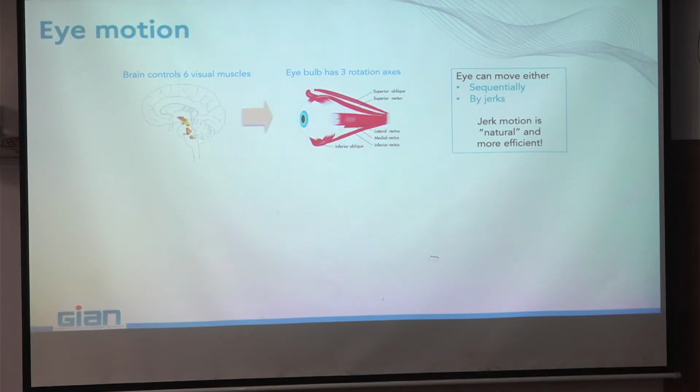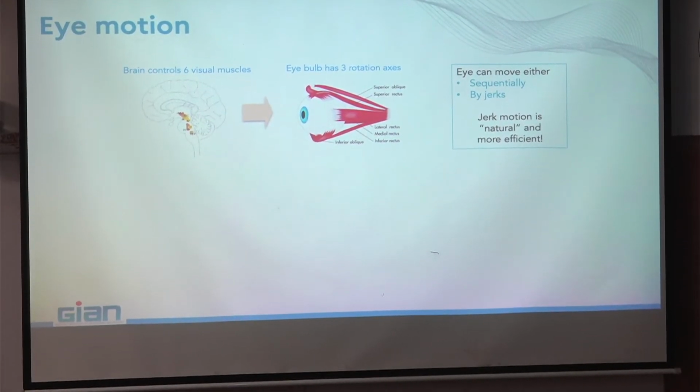This jerk motion is the natural one. When I am here and I look, my eye is moving, your eye is the same, but you are looking at me, and when you are looking at me, you focus on me, and if I move, you pass from jerk to sequential.